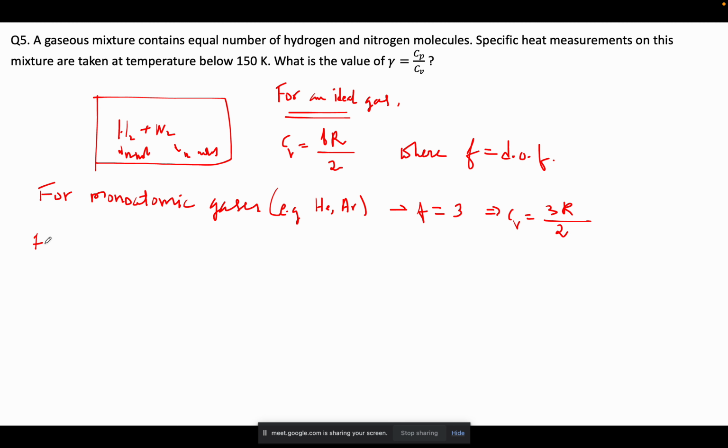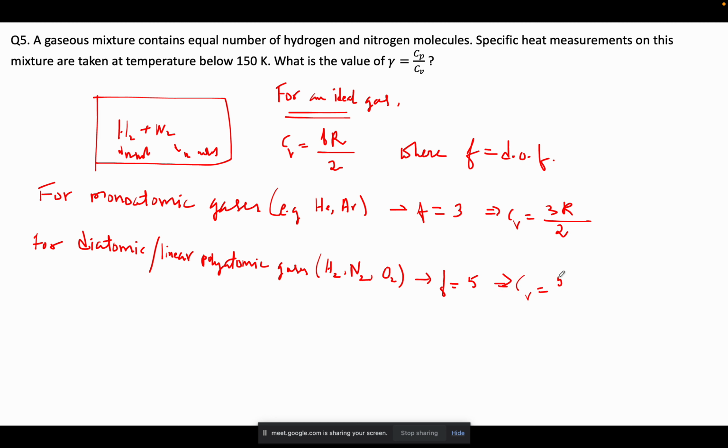And for diatomic or linear polyatomic gases, like hydrogen, nitrogen, oxygen, the degree of freedom is 5. So therefore your CV is 5R by 2.